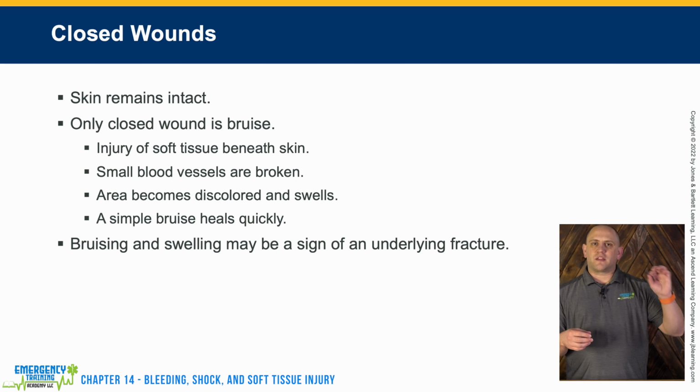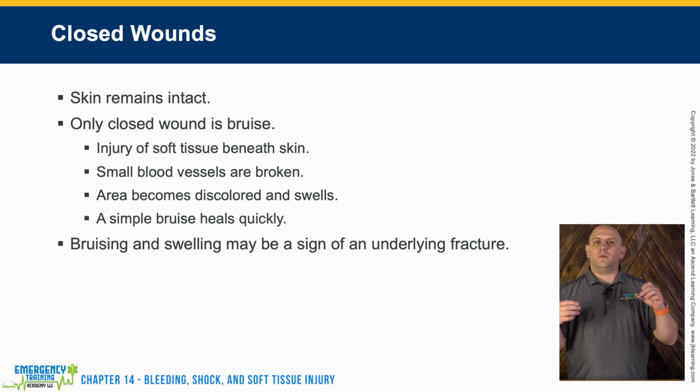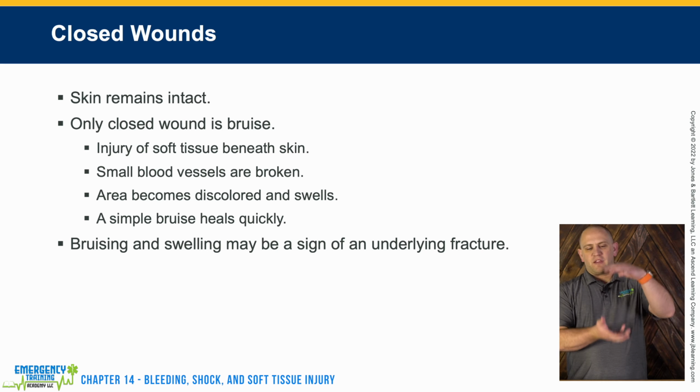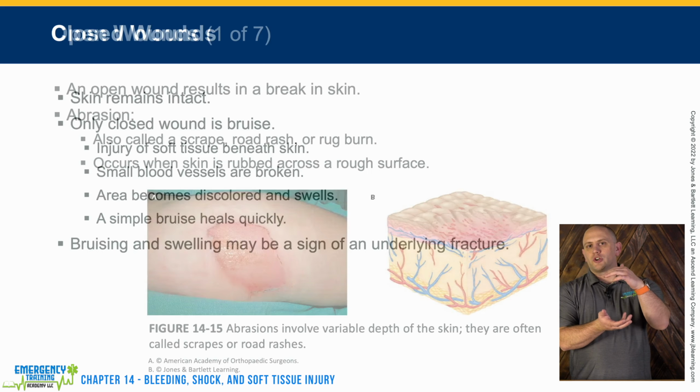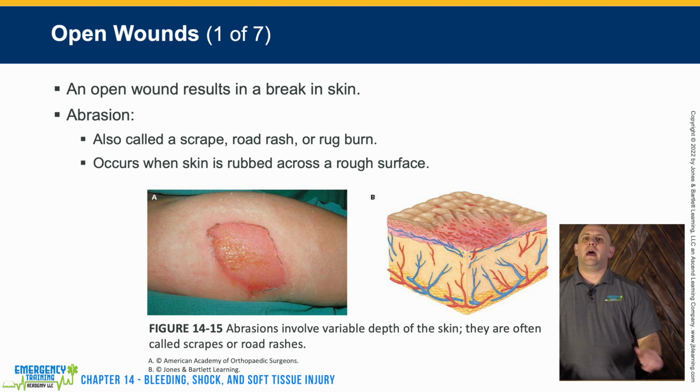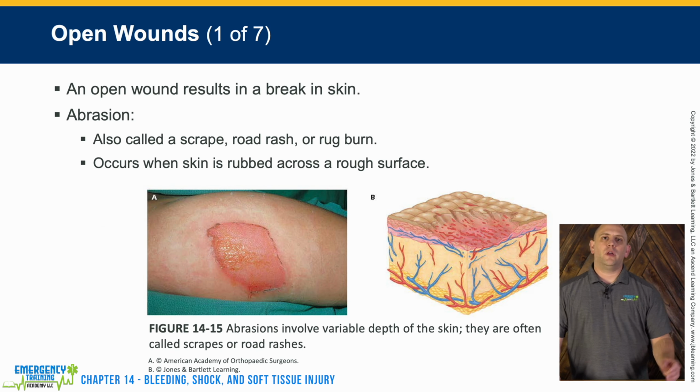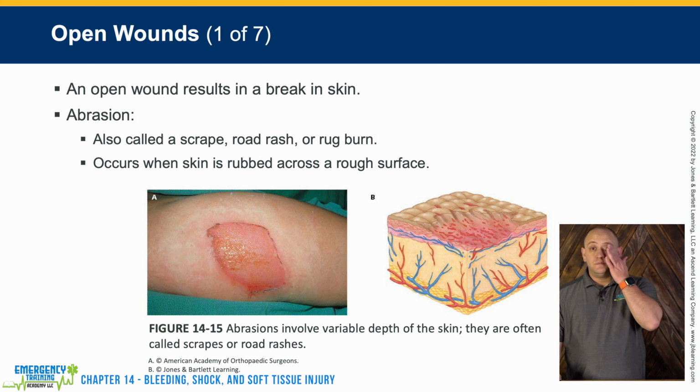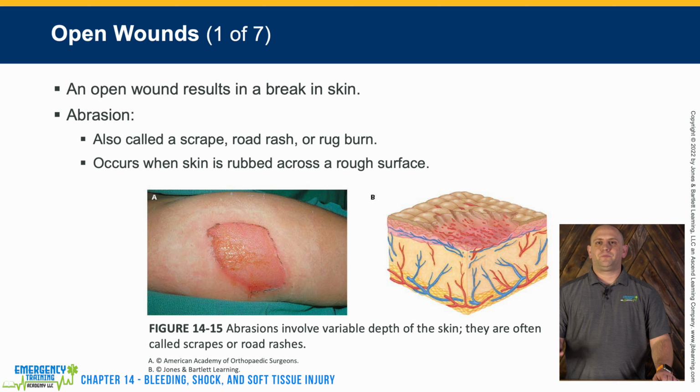So you may see a small entrance wound and a larger exit wound, but within there, it will expand and create a larger wound inside as the bullet travels through the tissue. Here is an example of a puncture wound caused by a nail.